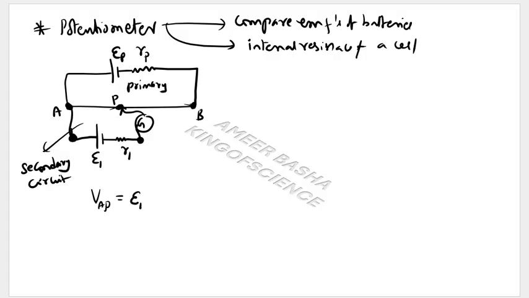Similarly, now connect another battery of EMF E2 and resistance R2. Let us call the first one VP1 and the second one VP2, which is equal to E2. One thing is important here: if I want the potential difference between two points, I need to calculate the current multiplied by the resistance between those two points.